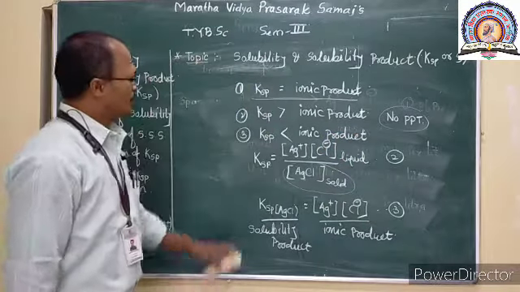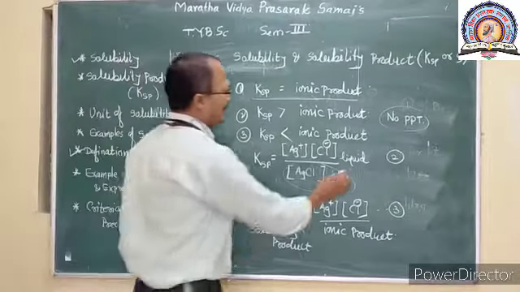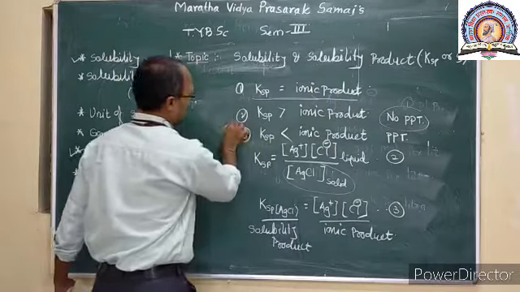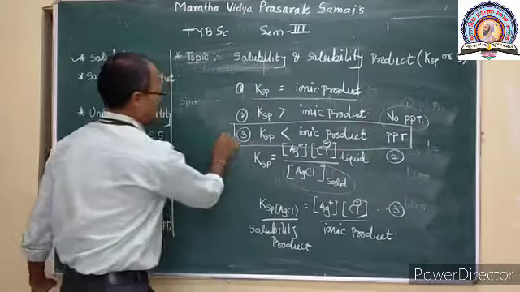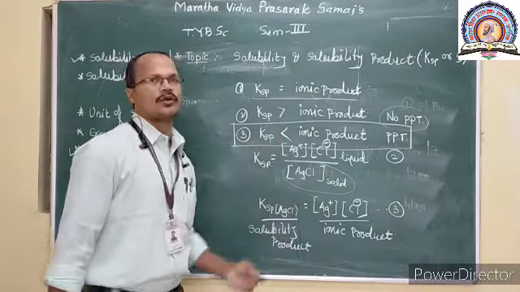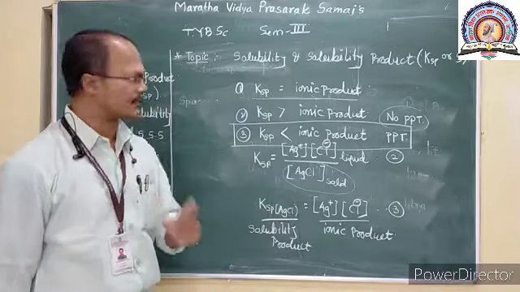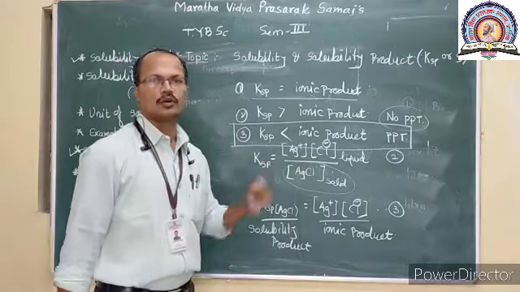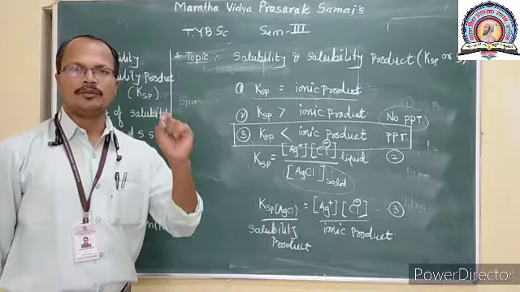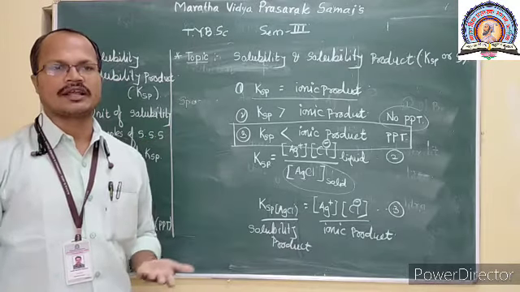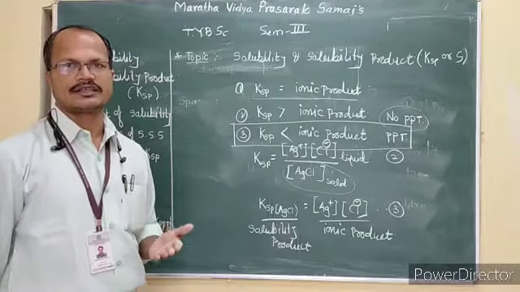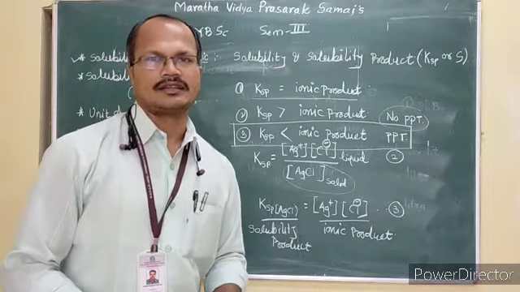In that case we get the PPT formed, and this is the condition or criteria for precipitation: the solubility product must be less than the ionic product, and the ionic product must be greater than the solubility product. That is the good condition for precipitation, and that principle is used in gravimetric analysis, the formation of PPT, which is used for quantitative analysis. Thank you.